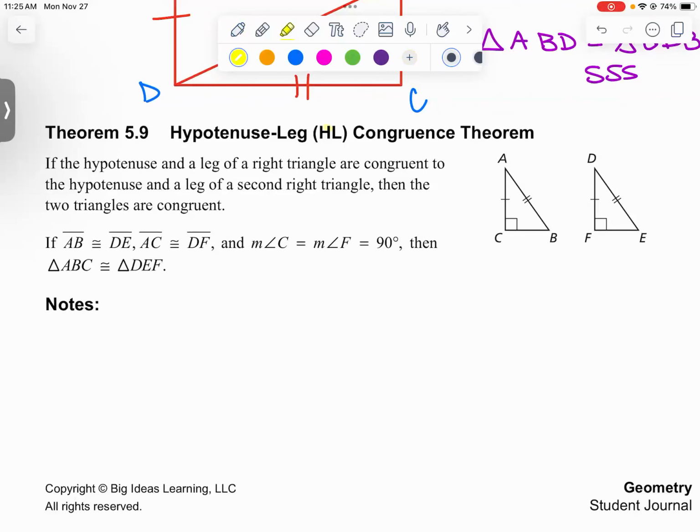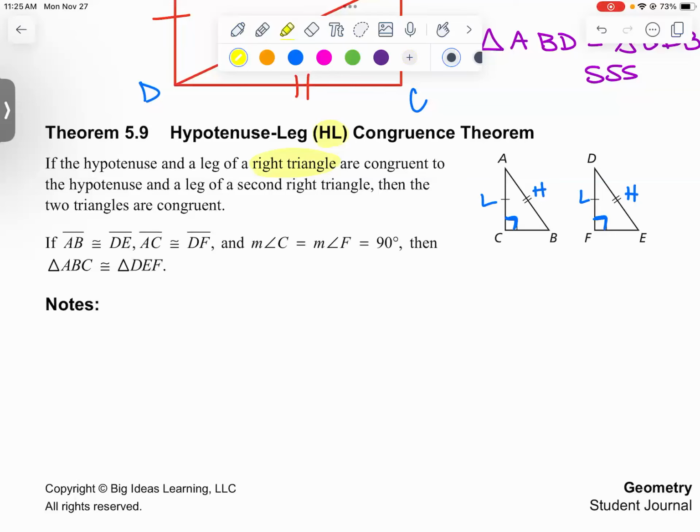So if we have a right triangle and we have a hypotenuse and a leg that are congruent, notice hypotenuse, leg, with that right angle, then we have triangles that are congruent. Now, the kicker is though, they have to be right triangles, okay?